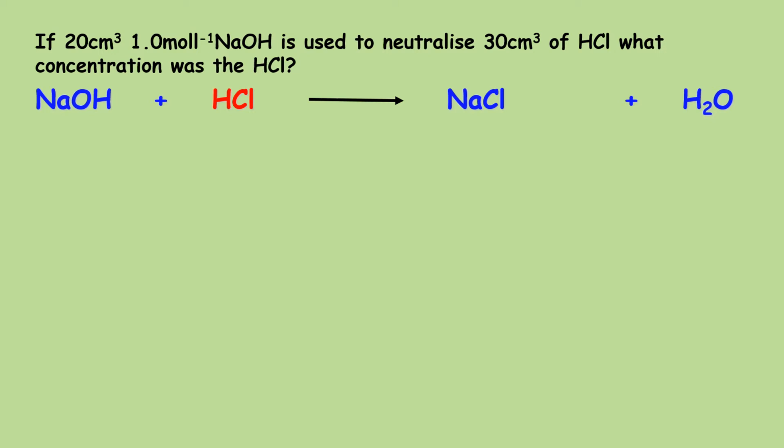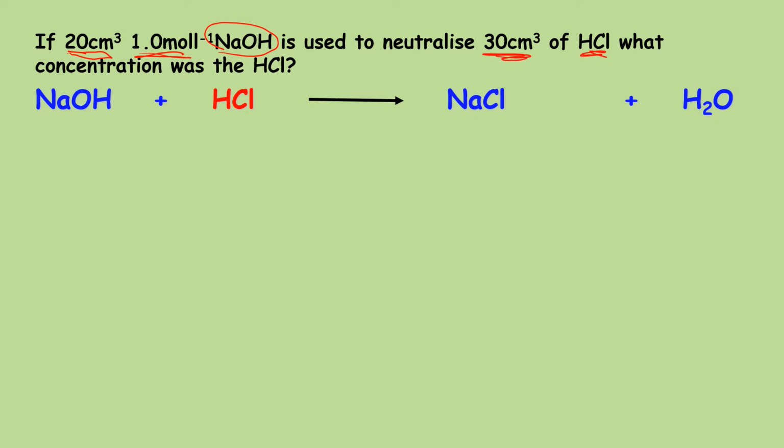You'll have a volume and a concentration for one chemical, and you'll have either a volume or a concentration for the other, and you'll be asked for the one that's missing. Okay, so in this question, what we've basically got is a volume and a concentration for the sodium hydroxide, and we have a volume for the hydrochloric acid.